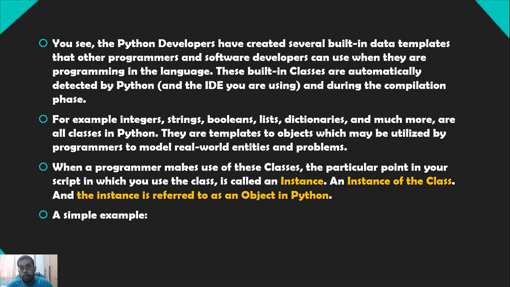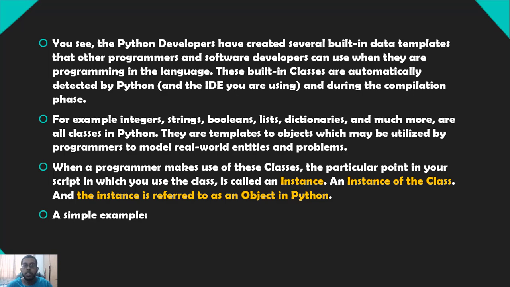You see, the Python developers have created several built-in data templates that other programmers and software developers can use when they are programming in the language. These built-in classes are automatically detected by Python and the IDE you are using during the compilation phase. For example, integers, strings, booleans, lists, dictionaries, and much more are all classes in Python.